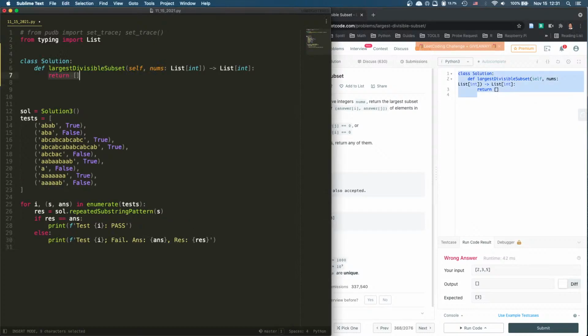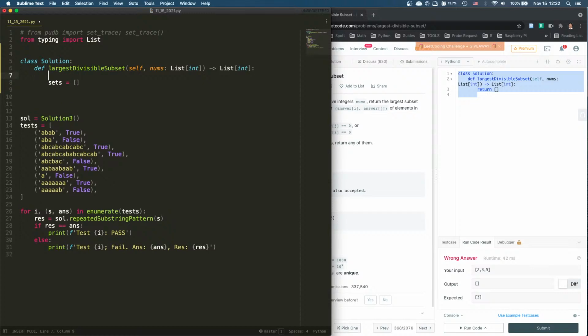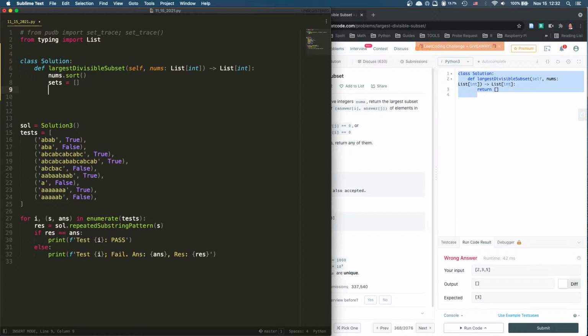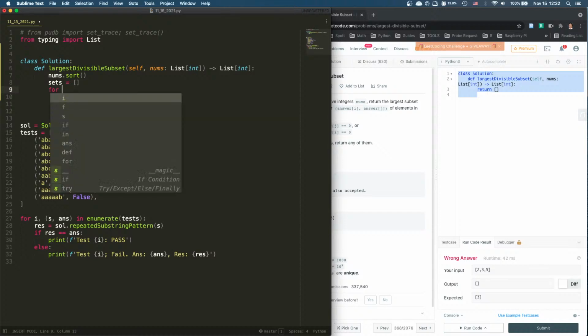All right. Anyway, so here is the deal. What we're gonna have is a list of sets. So we call it sets. First of all, nums.sort. I'm gonna sort it. Now sets is a set of all possible subsets. And we're gonna go through, say, for n in nums.